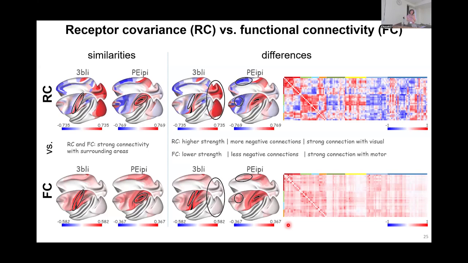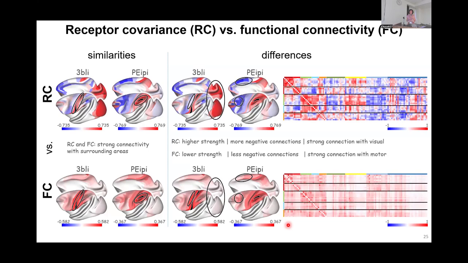This is something that we haven't quite found an explanation for yet, but we're working on it. And finally, we find that the connectivity patterns that we can identify with receptor covariance are more heterogeneous than when we look at the functional connectivity patterns.